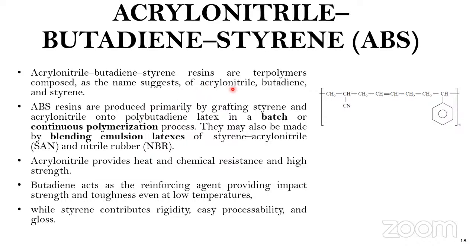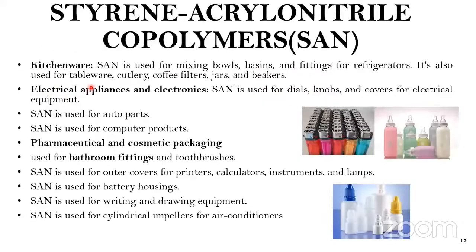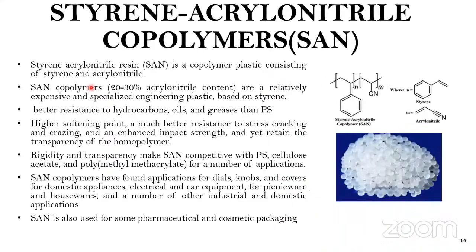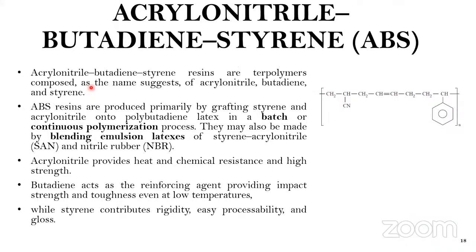One is acrylonitrile, another is butadiene, and the third is styrene. What we saw here was styrene and acrylonitrile, and what we studied before was styrene and butadiene. But now we will take the combination of three polymers: butadiene, acrylonitrile, and styrene.